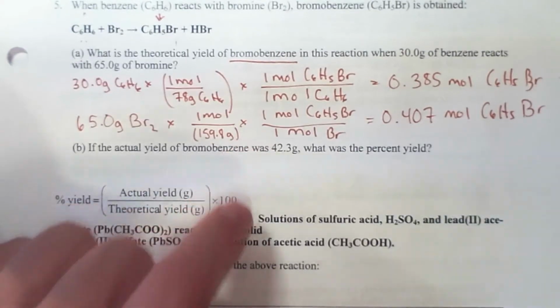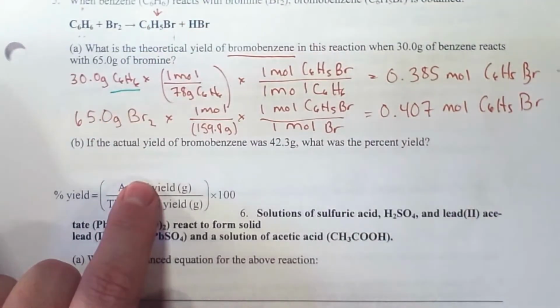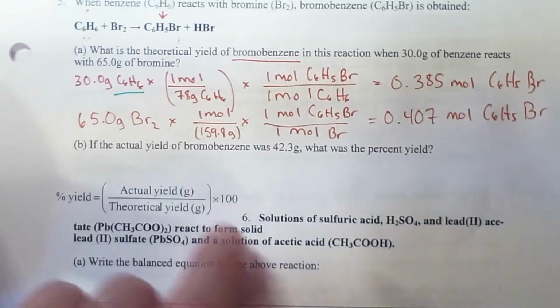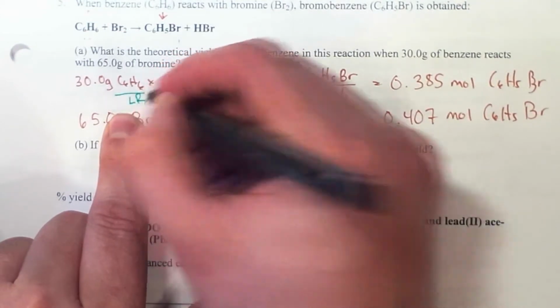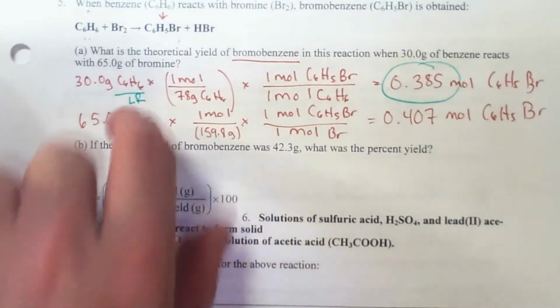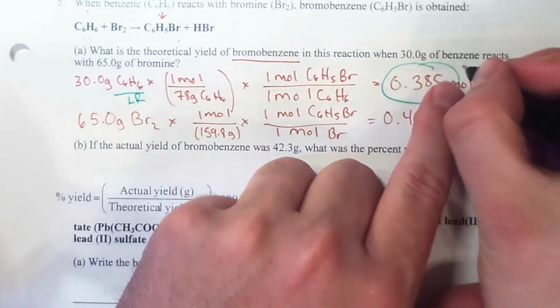So it's pretty obvious what our limiting reactant is. Our limiting reactant is going to be benzene. So if this is my limiting reactant, this is my theoretical yield.